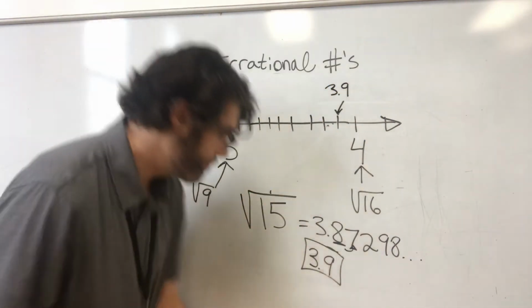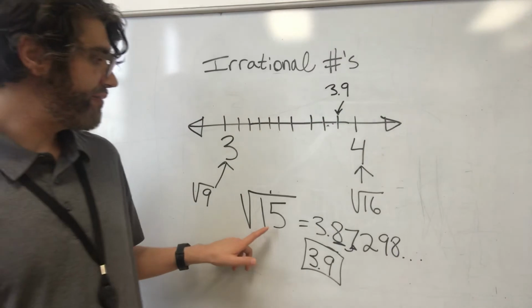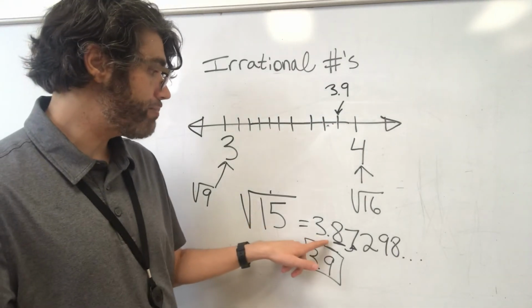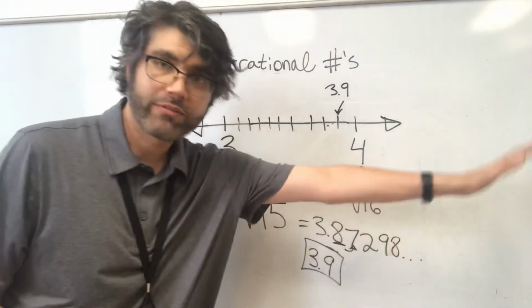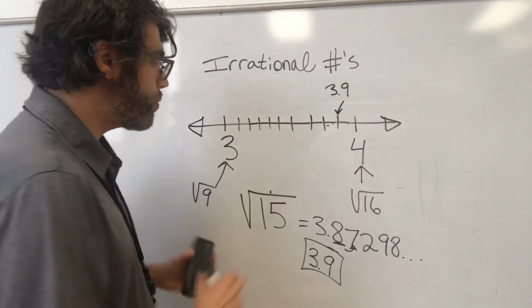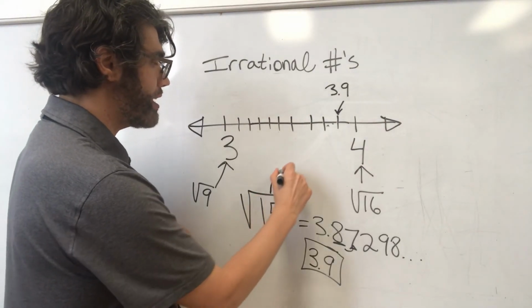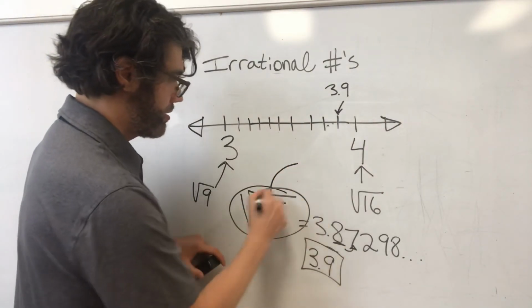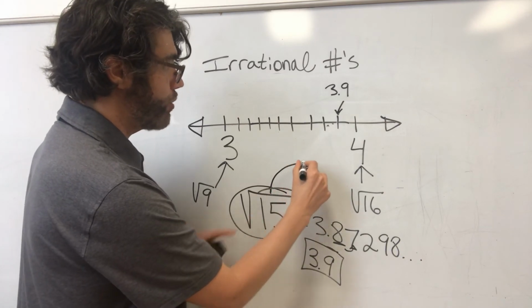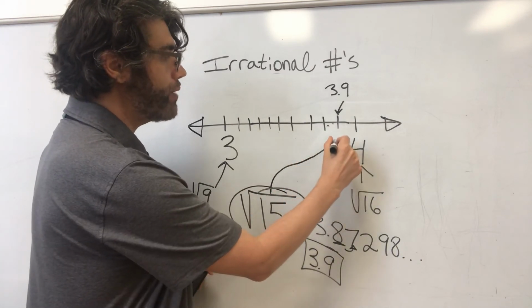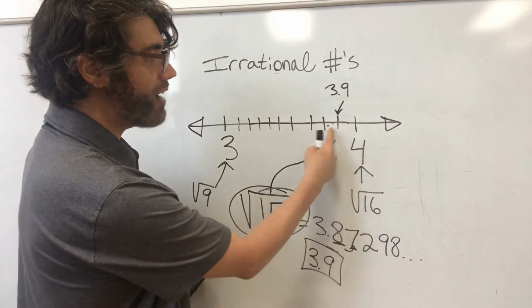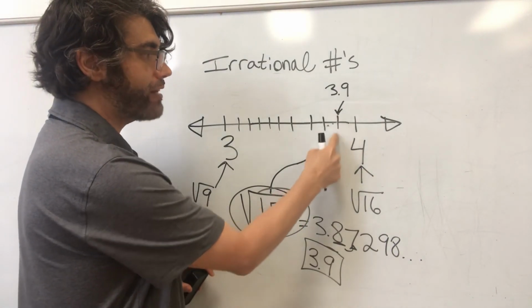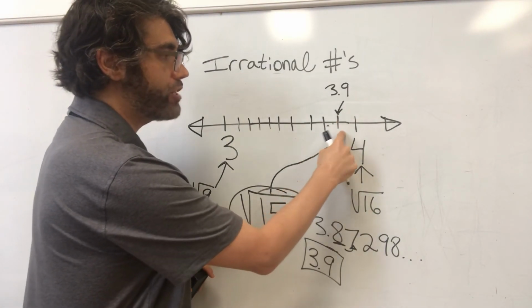Okay? Now, remember that the square root of 15 is 3.87 and all the rest. So if I were to draw an arrow pointing to the number line, where would it be exactly? Would it be just to the left of this, exactly on this hash mark, or just to the right?